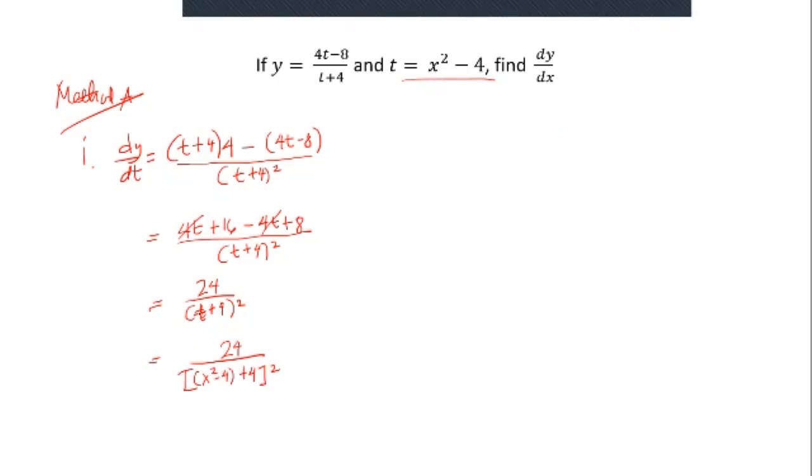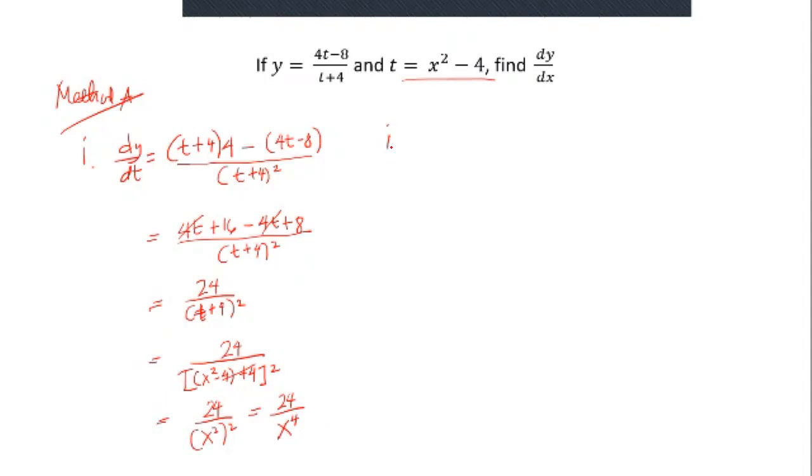We replaced t by x squared minus 4 because we want this derivative to be in terms of x. Simplifying the denominator, if we remove the parentheses, the negative 4 plus 4 cancels, leaving x squared. So this becomes 24 over (x squared) squared, or 24 over x raised to 4. That's your dy over dt in terms of x.